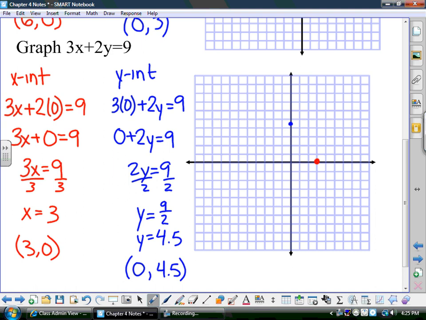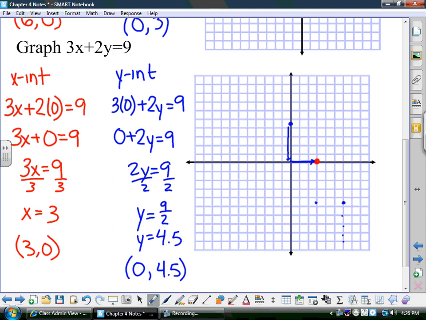Now as I count out my pattern, I'm going down 4.5 and over 3. So when I go down 4.5 again, I'm going to be halfway in between again, and then over 3 spaces for my next stop. And if I go down 4.5 again, halfway takes me so I'm right on a line, and then 1, 2, 3, 4 more spaces.